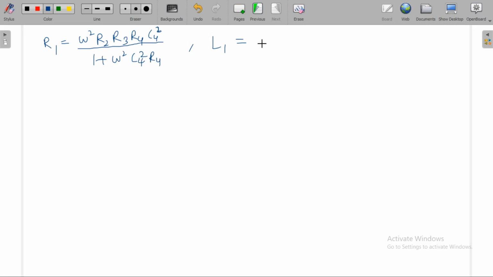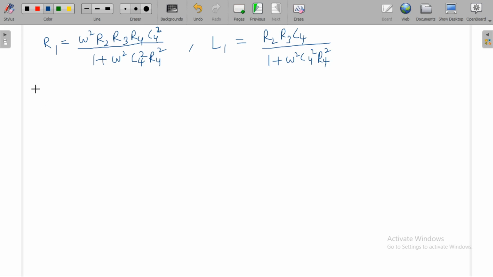L1 is equal to R2 R3 C4 by 1 plus omega square C4 square R4 square.